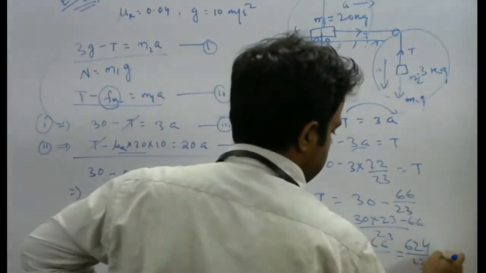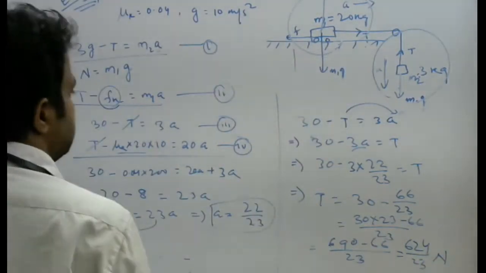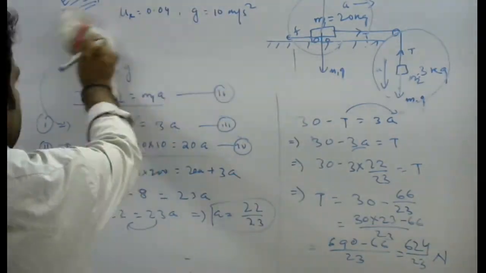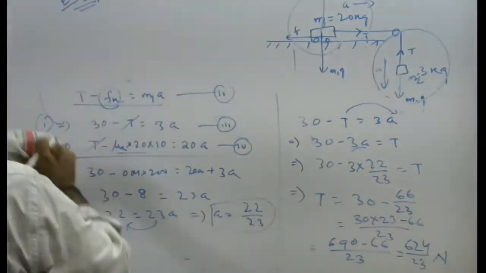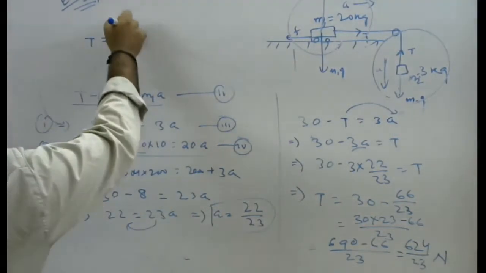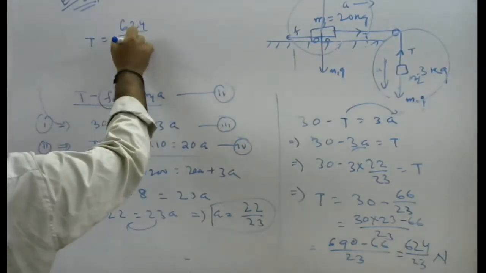Or if you want to convert it into a decimal number, you can do that also. So T is equal to 624 by 23.